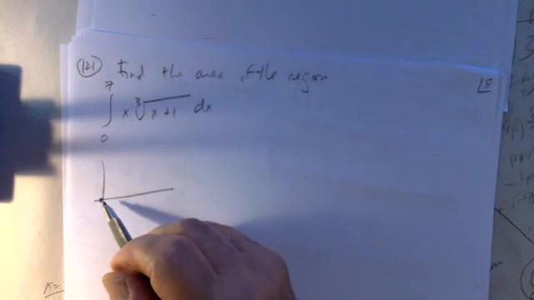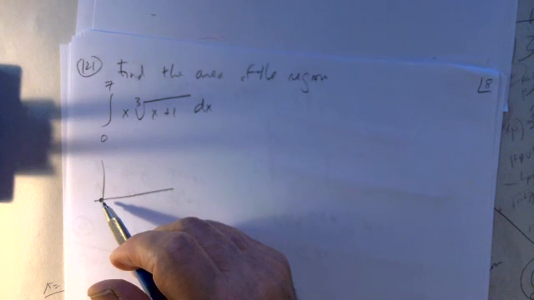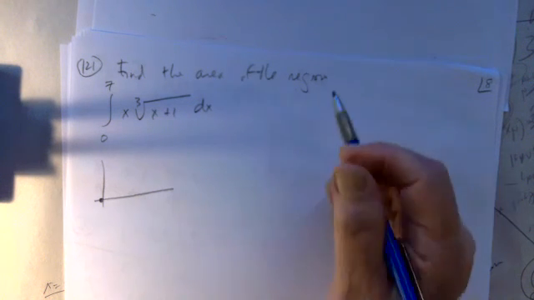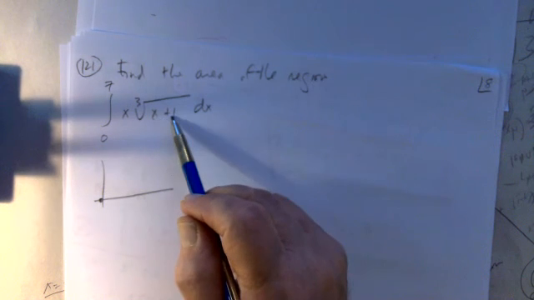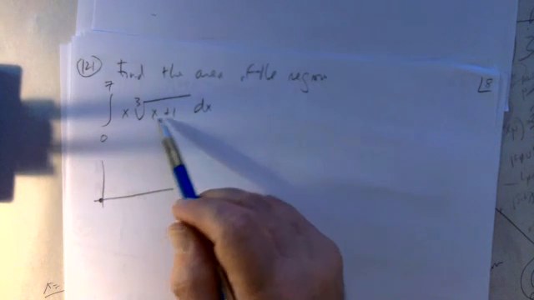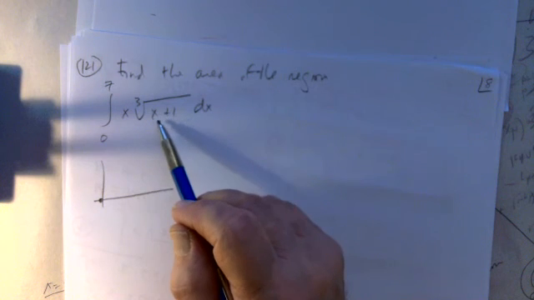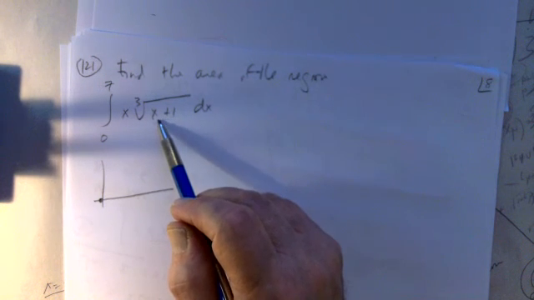When x is equal to 0, it's 0. When x is equal to 7, this is the cube root of 8, which is 2, so this is 2 times 7, which is 14.